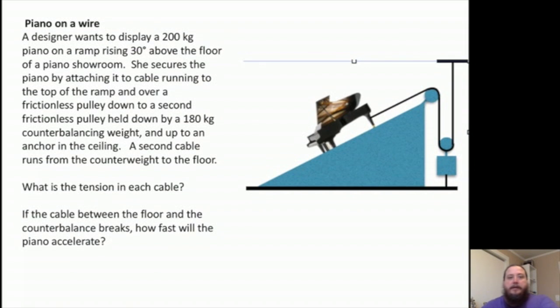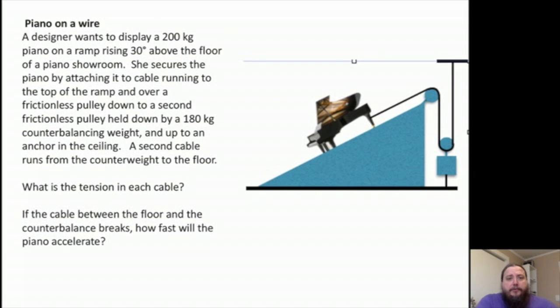It says, a designer wants to display a 200 kilogram piano on a ramp rising 30 degrees above the floor of a piano showroom. She secures the piano by attaching it to a cable running to the top of the ramp over a frictionless pulley and down to a second frictionless pulley held down by a 180 kilogram counterbalancing weight and up to an anchor in the ceiling.